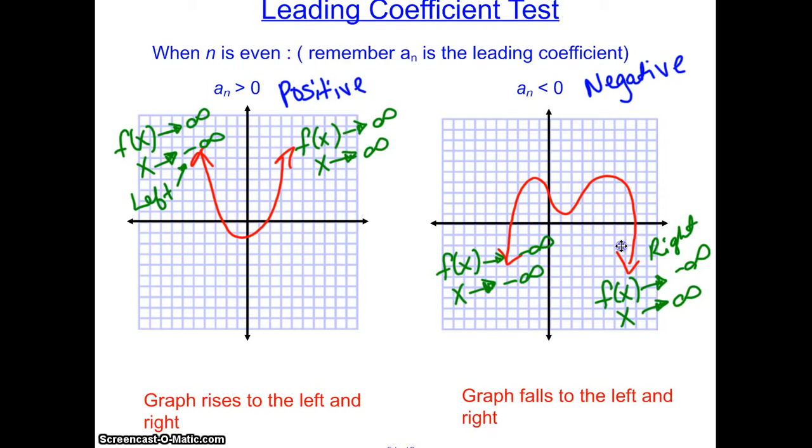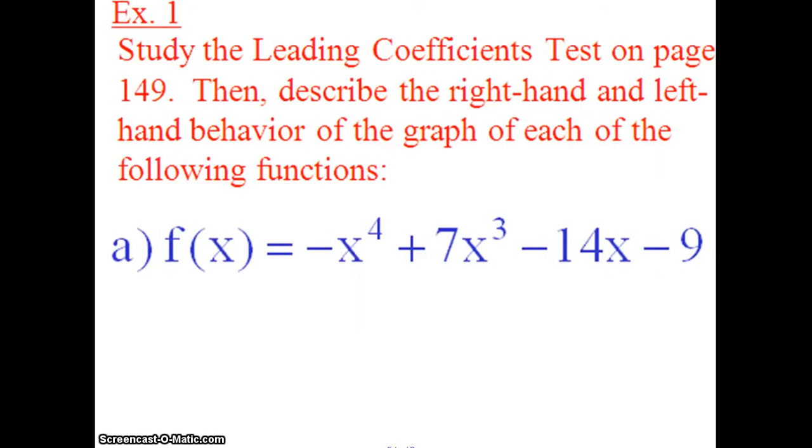And remember, these end behaviors will be true for all even degrees, depending whether it has a positive leading coefficient or a negative leading coefficient. So now let's practice some.